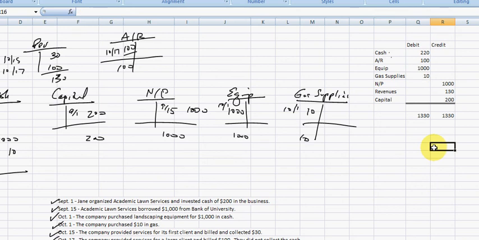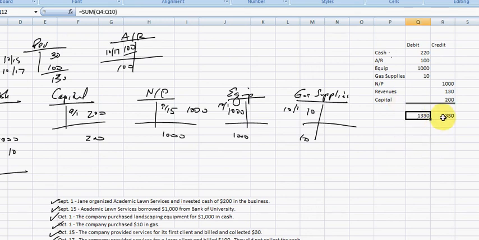And there we go. As you can see, a trial balance does help you find some mistakes, some errors that you made in posting to the ledger. And here, posting to the ledger was correct. It was just taking the information from the ledger to the actual trial balance, in which there was an issue.